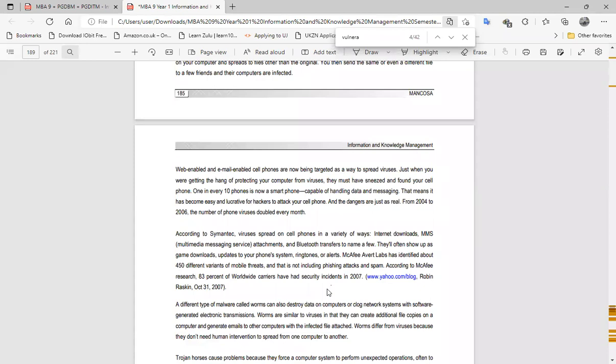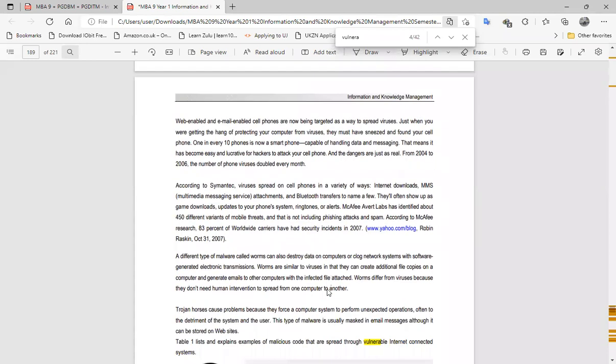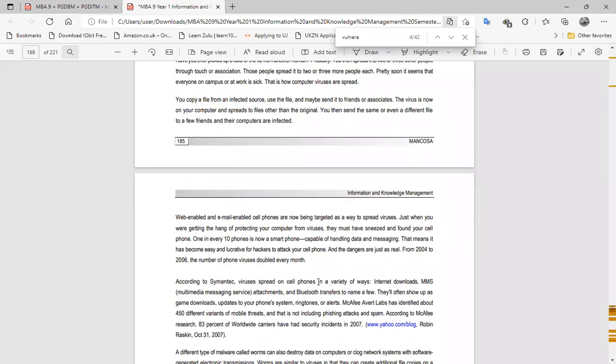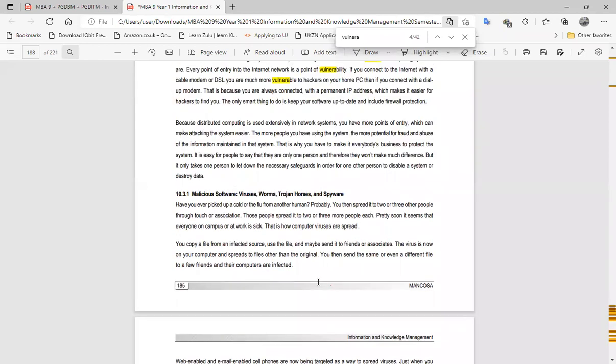Let me elaborate on each of these. So a virus, right? Viruses come in various forms, right? It's more like an external thing. It's not something that's part of your system. So you have to download something, or you need to be connected to something.